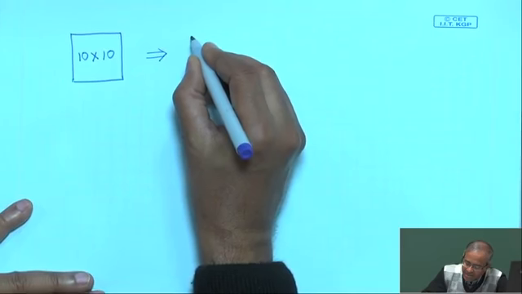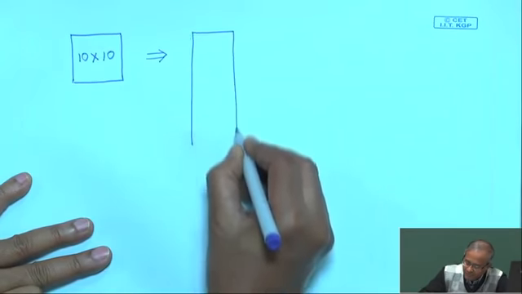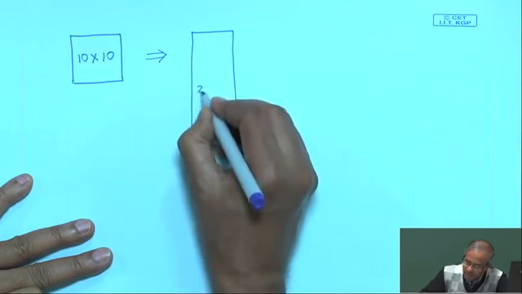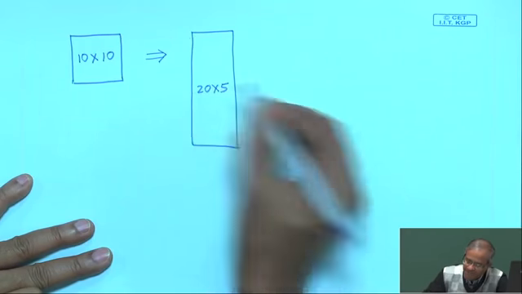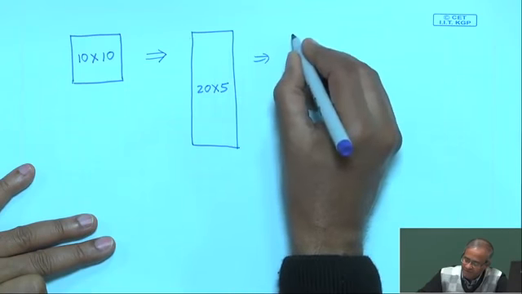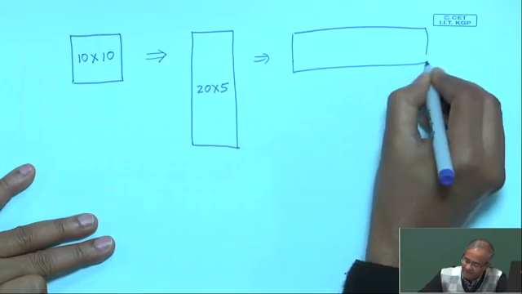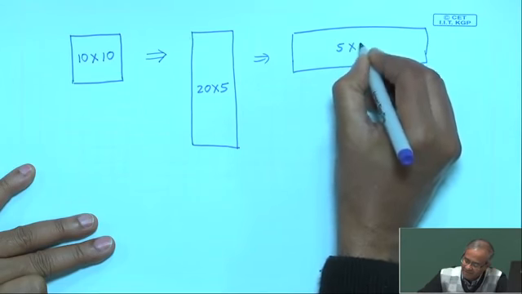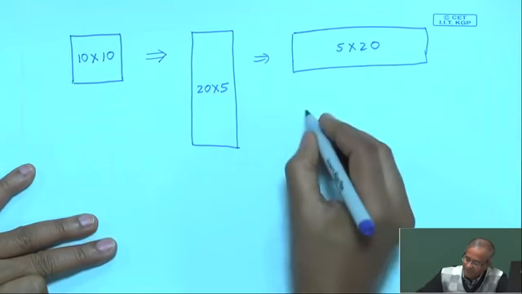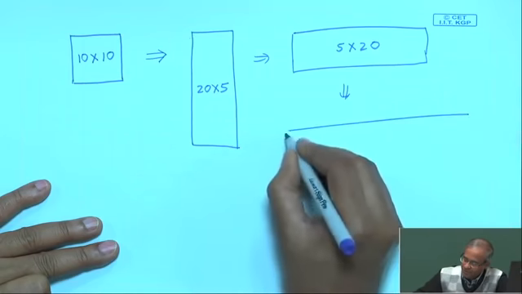I can lay it out like this, I can lay it out 20 by 5, I can lay it out 5 by 20, I can lay it out 25 by 4.